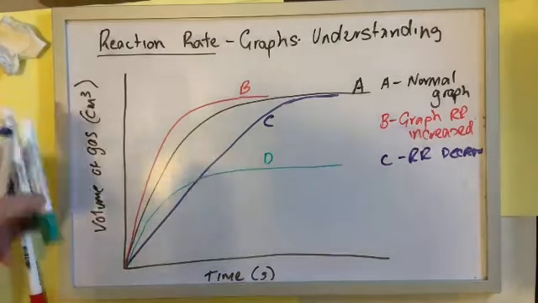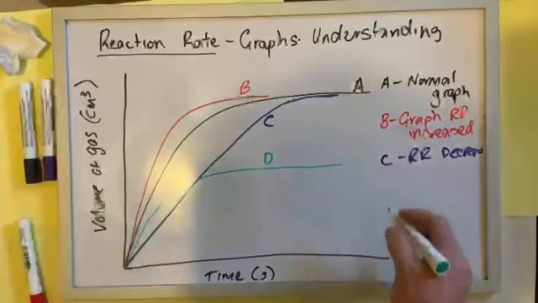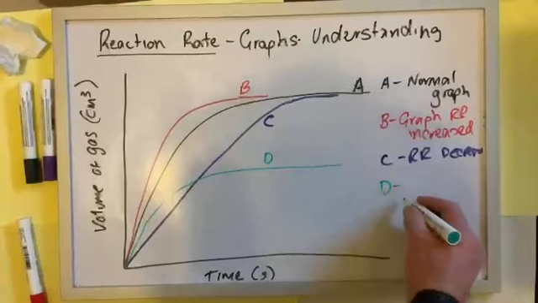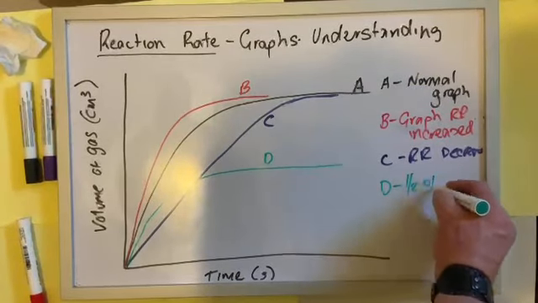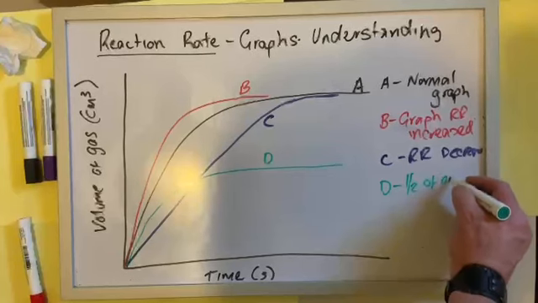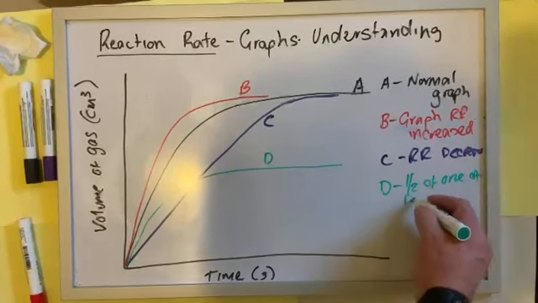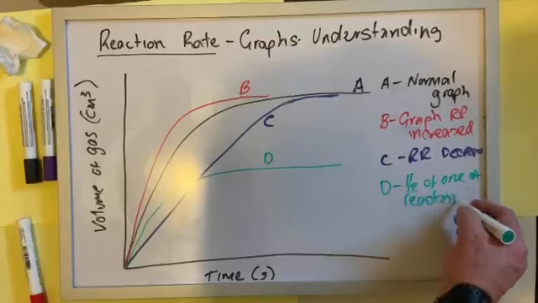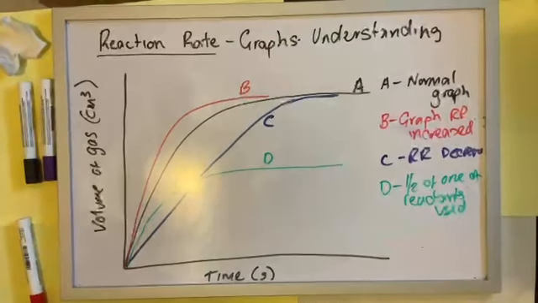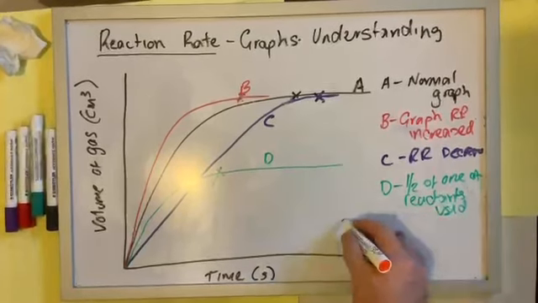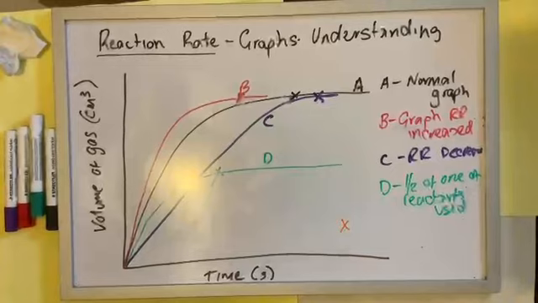And the line D, that is where only half of one of the reactants is used. This shows that we're only going to make half as much of the product. The X's indicate where the reaction's finished.